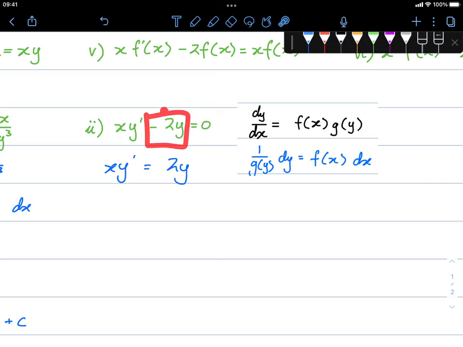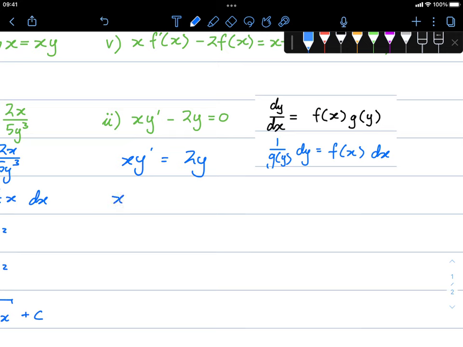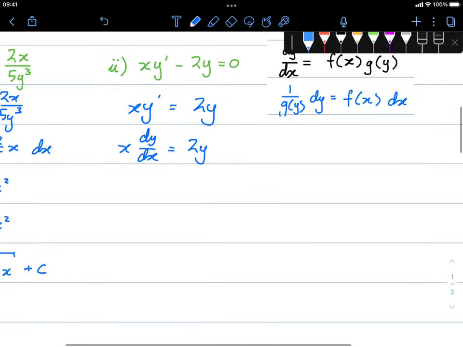So we can move this entire thing to the right hand side. And now we can see that it's x dy/dx equals 2y. And then from here, we can just manipulate. So we get 1 on 2y. Actually, no, I'm going to leave it as 1 on y.